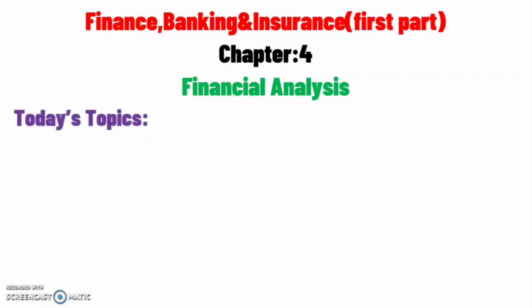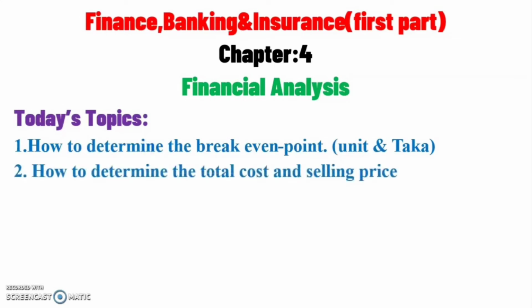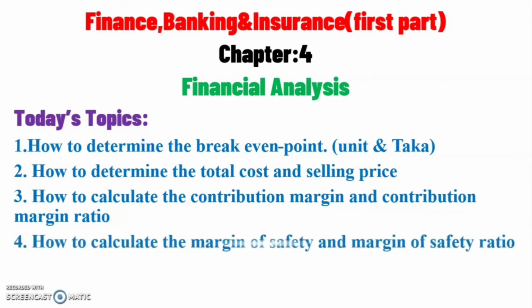Today's discussable topics are how to determine the break-even point, unit and taka, how to determine the total cost and selling price, how to calculate the contribution margin and contribution margin ratio, and how to calculate the margin of safety and margin of safety ratio.